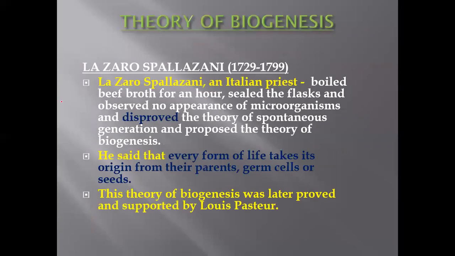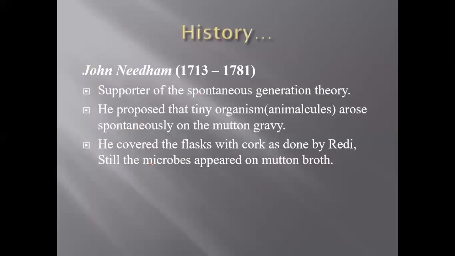Another scientist, John Needham, was a strong supporter of the spontaneous generation theory, which means living materials can grow from non-living materials. He proposed that animalcules, or tiny organisms, can grow automatically in mutton gravy.